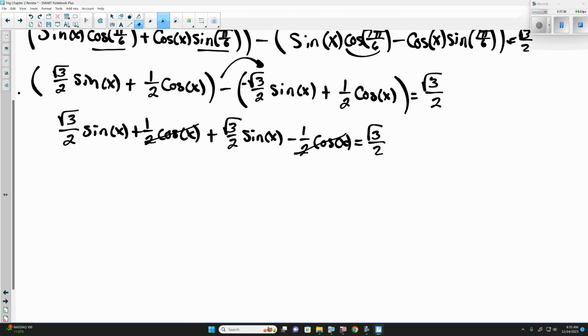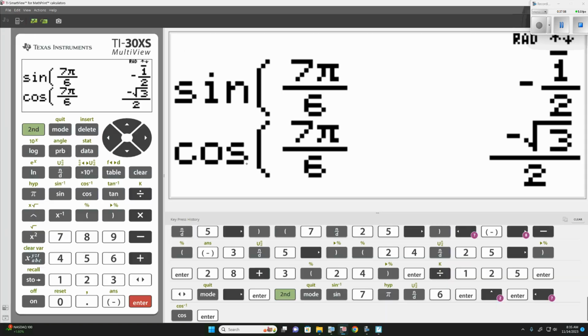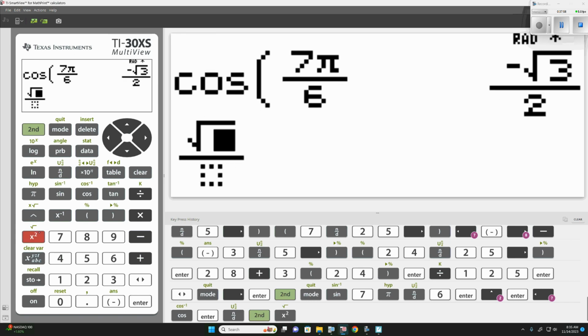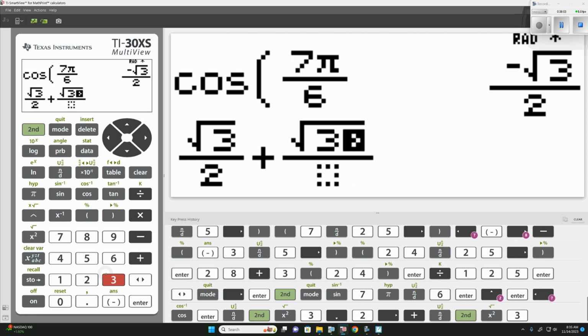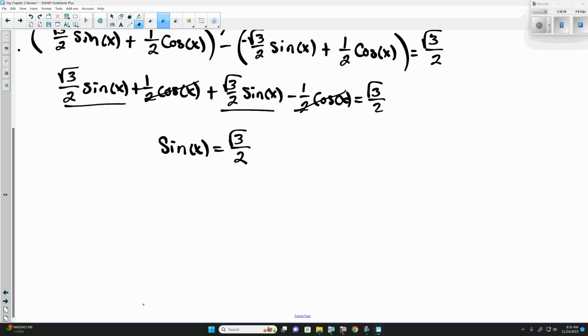Our cosines are actually going to cancel out because positive 1/2 negative 1/2 makes 0. And what we have left is these two here. Now we will combine them to give us sine of x. However, square root 3 over 2 plus square root 3 over 2 becomes 2 square root of 3 over 2, which is just the square root of 3.